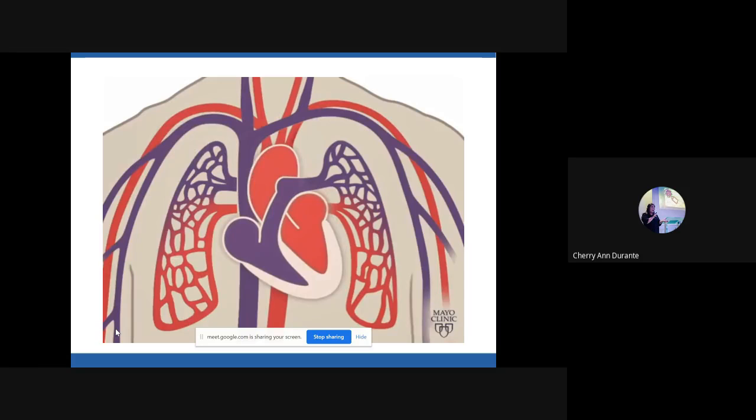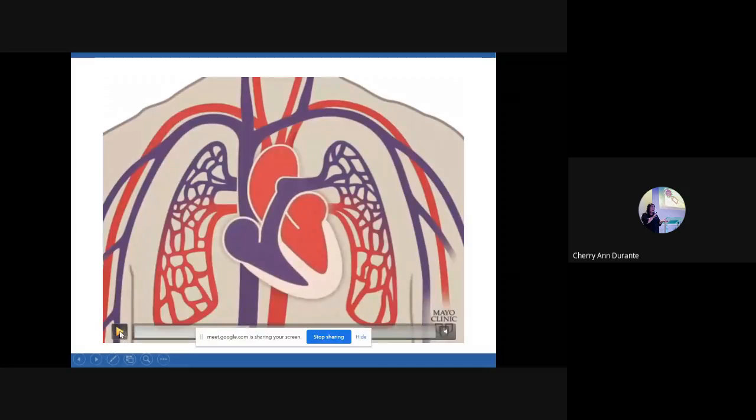Yung cardiac muscle mo sa left ventricle concentrated yung most strength niya, kasi dapat yung pumping ng left ventricles will cause the blood to flow hanggang sa dulo ng mga blood vessels, ng mga arteries. So the pumping mechanism of the heart makes it possible for oxygen to be delivered in the different cells of the body.